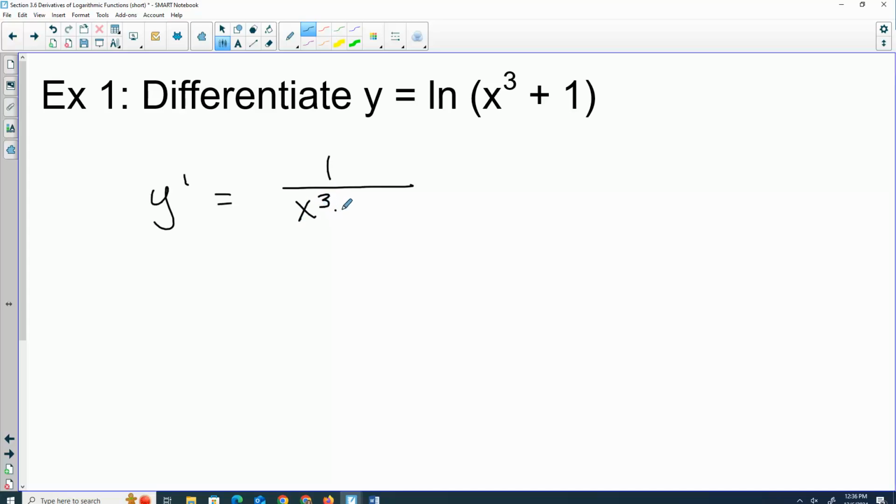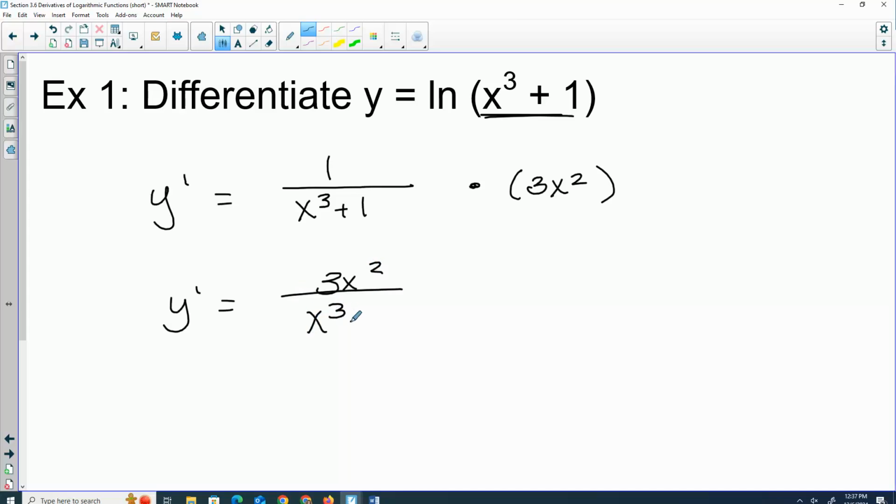If it was any other log, I'd have to take it times the natural log of the base on the bottom. I have to do the derivative of the inside for chain rule, so that would be 3x squared. So our derivative is 3x squared over x cubed plus 1.